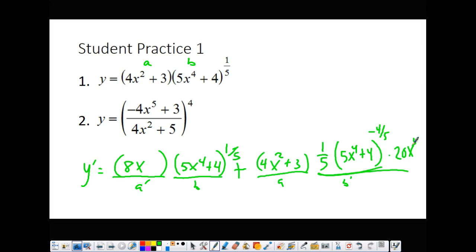But remember, we don't change the inside, right? But they took the derivative and put it here. And then they took the derivative of that again and came up with 60x squared together. So remember, chain rule, you don't change the inside when you do the derivative of the outside. So there's that. Some of you guys took the extra measure and went ahead and multiplied 1/5 by 20 and got 4. That's cool. That'll work.